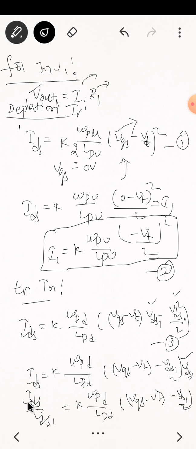I know that IDS by VDS1 is equal to conductance. Reciprocal of conductance is equal to resistance, for the first transistor, for the first inverter.